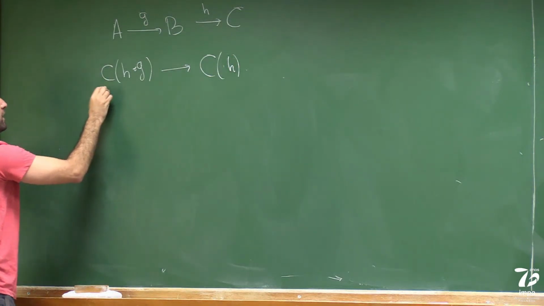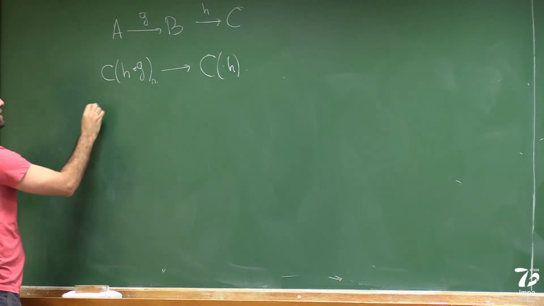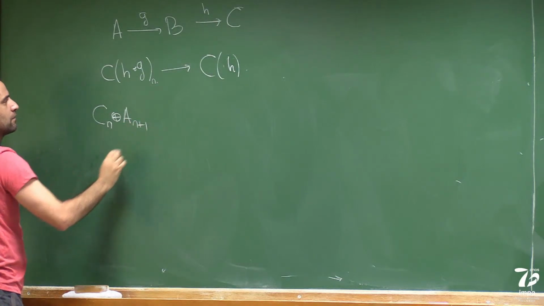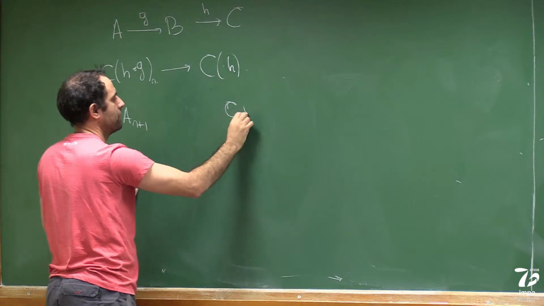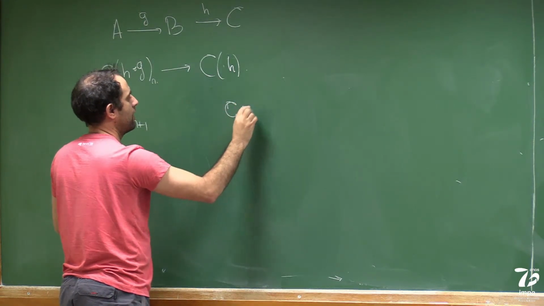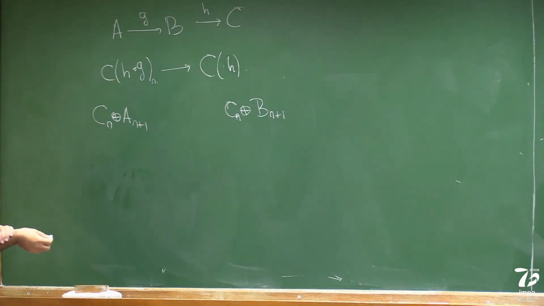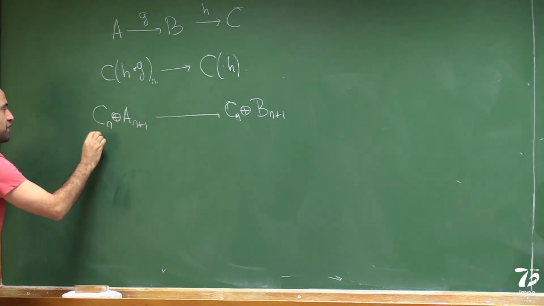So here in degree n, what I have is Cn plus An+1. And here in degree n, what I have is Cn plus Bn+1. And what I would want is a map that commutes with the differentials.